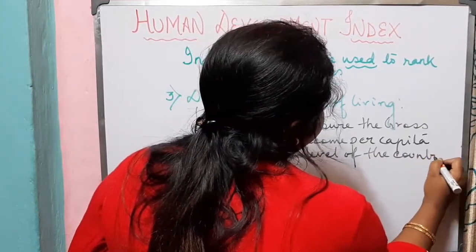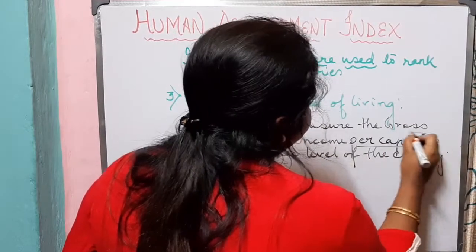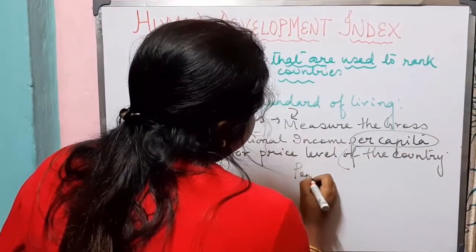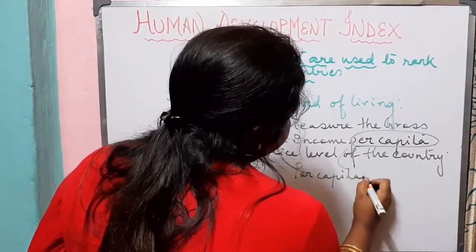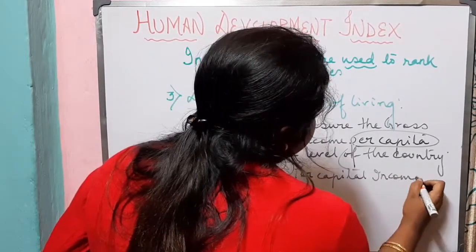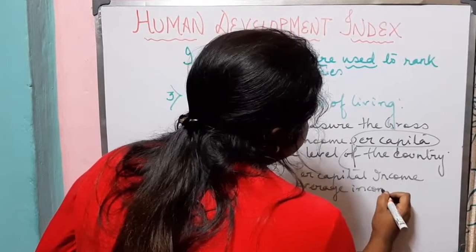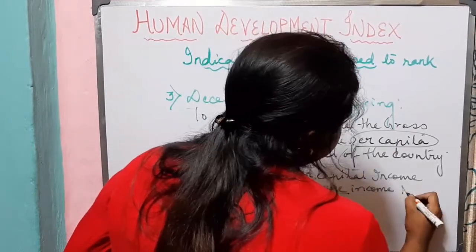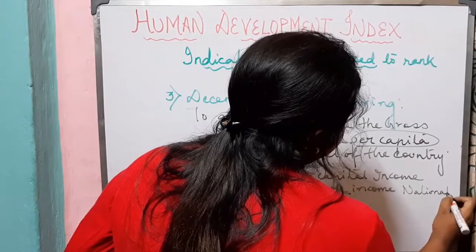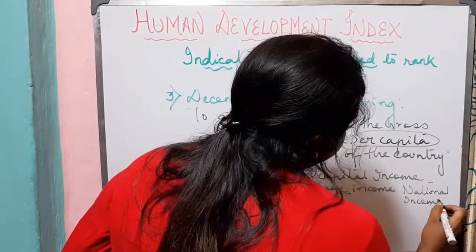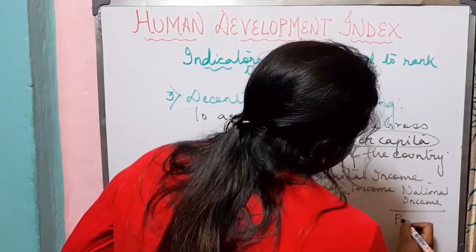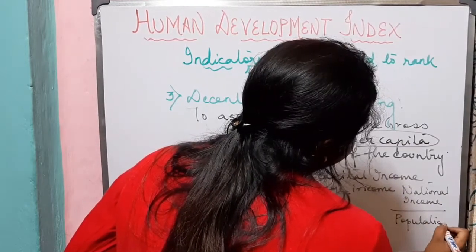Now, what do you mean by per capita income? It is referred to as the average income, which is obtained by dividing the national income by the population size.